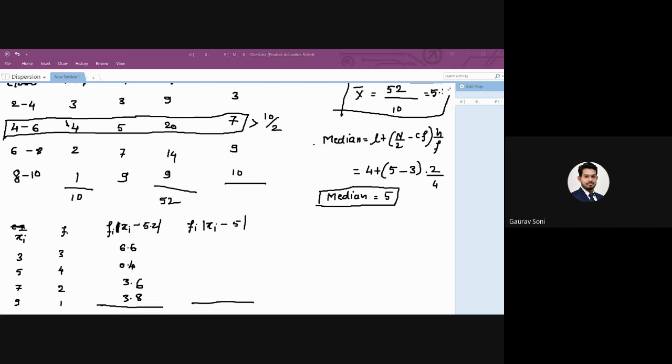Hasnain, are you able to get the values like this in your calculator? No, sir, I'm not getting it. I'm getting absolute values like 9 and all that. Do one thing, press mode and press 1 and then do the same thing. Yes, the MODE button.